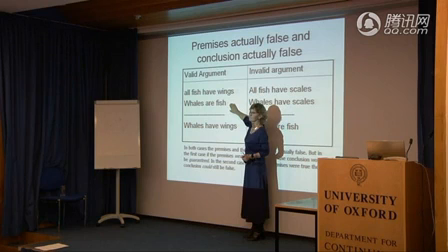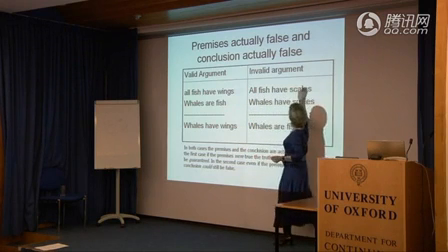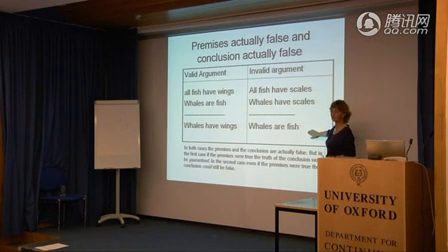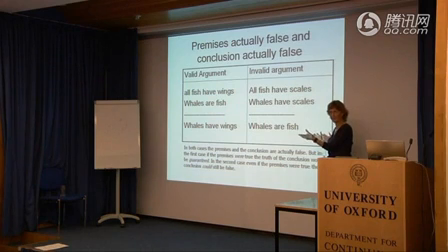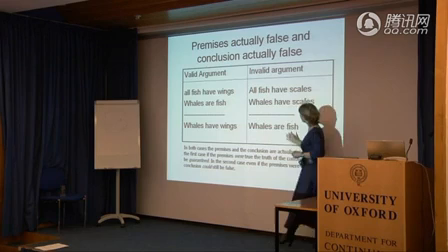Whales are fish. Is that false? Whales have wings. False? False. Okay. All fish have scales. False. Whales have scales. False. Whales are fish. Okay, so all the premises and the conclusions are false here. But this argument is valid and this argument is invalid.